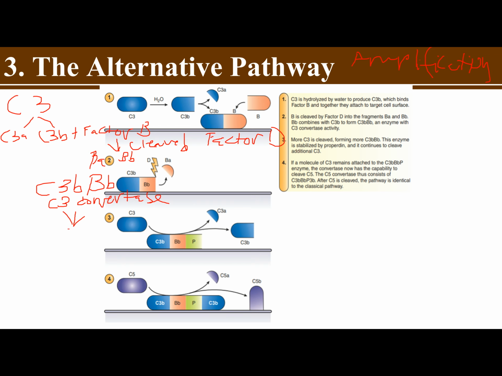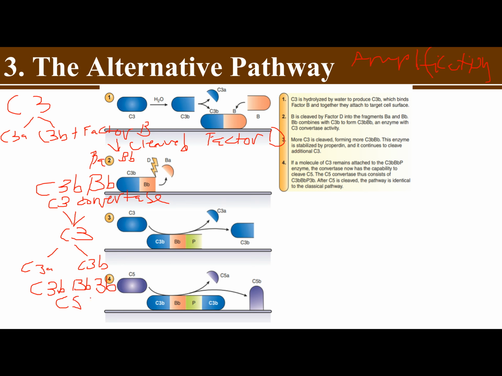So it would cleave your C3, forming your C3A, C3B. Now what happens is that the excess C3 would now attach to the C3B, BB, now forming the so-called C3B, BB, 3B. And this would now be known, class, as your C5 convertase.